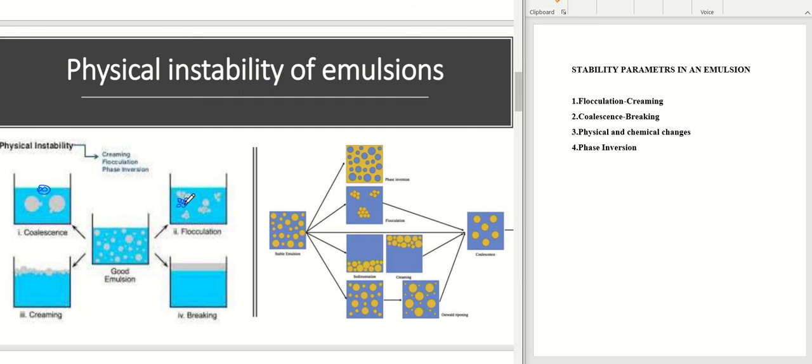Now, if this group of smaller globules stays there for a longer time, it leads to the fusion of the smaller globules into a larger one, like this.